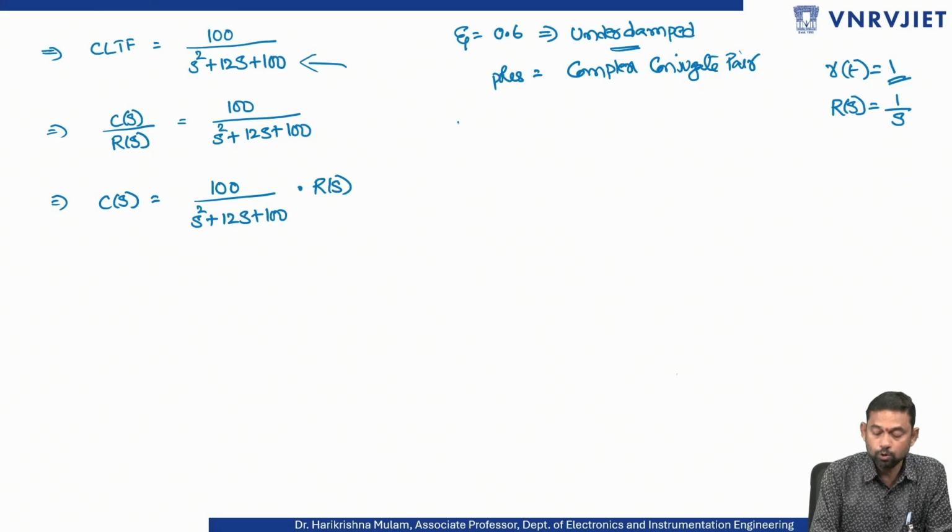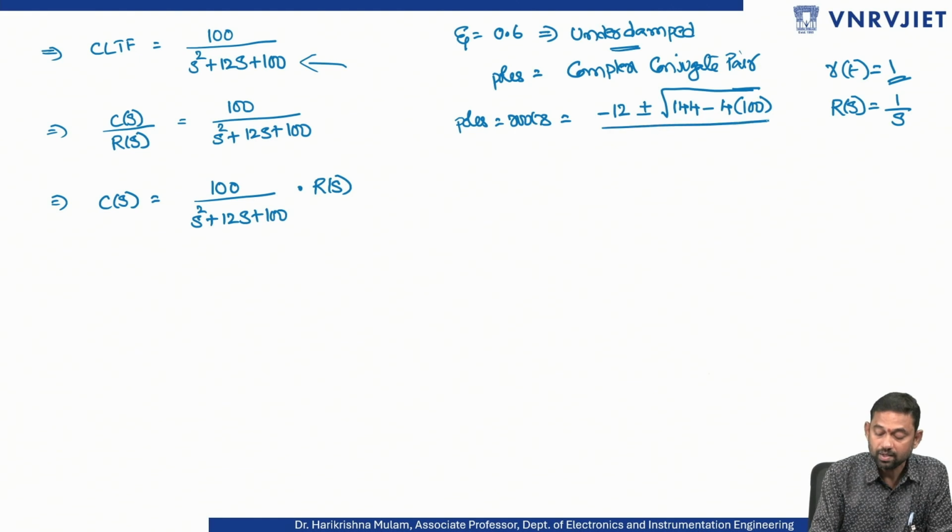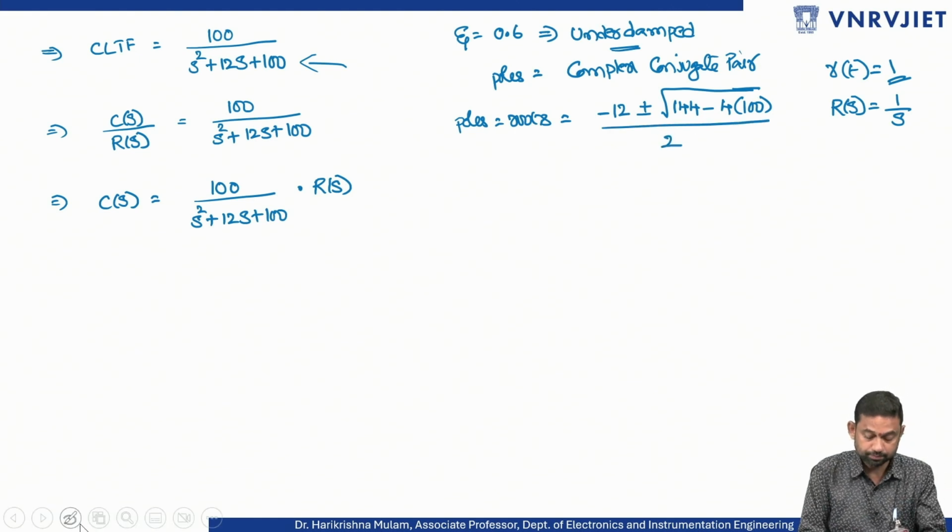Therefore, the poles of this system, or the roots of this equation, are equal to minus b, which is minus 12, plus or minus square root of b square, which is 12 square is 144, minus 4 a c, where a is 1 and c is 100, divided by 2a, where a is 1 again.